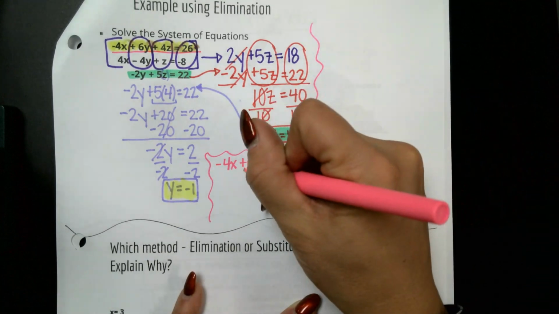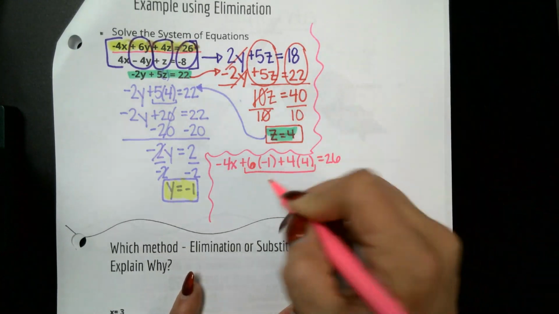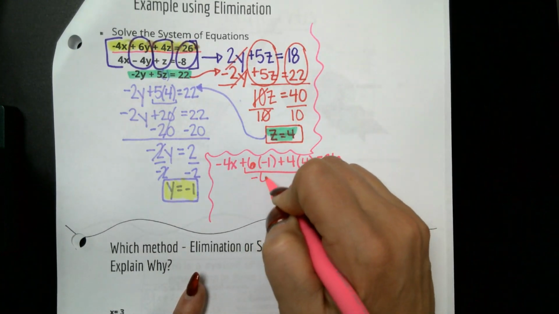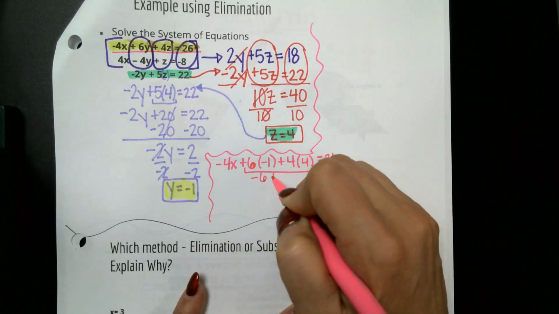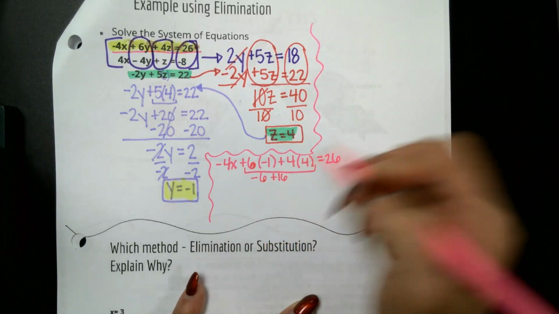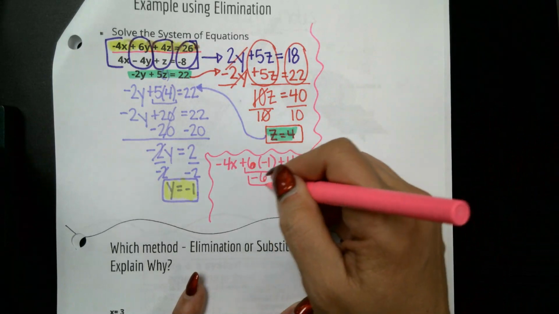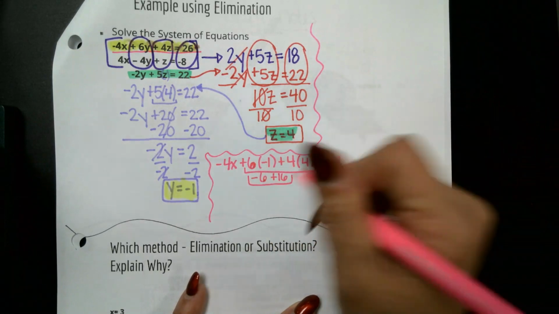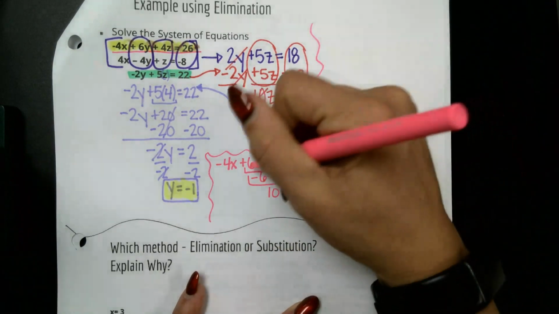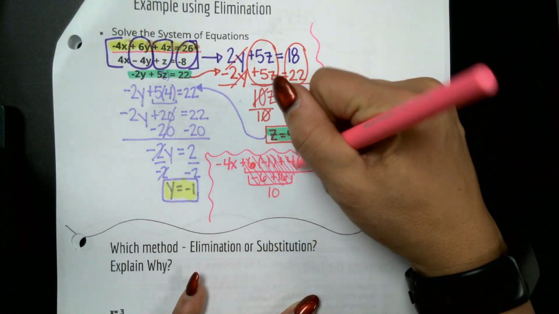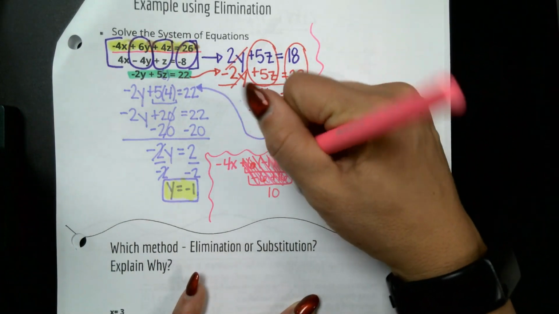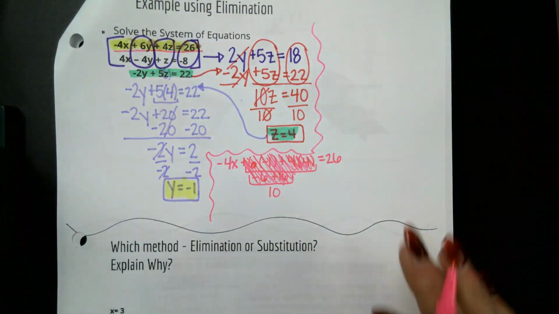So I need to simplify this stuff right here. So I've got 6 times -1, which is -6. 4 times 4 is 16. And -6 plus 16, 10. So then, I like to scratch out stuff I don't need, because the more stuff I see, the more confusing it gets.